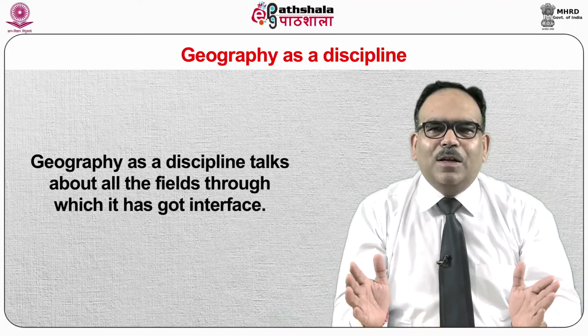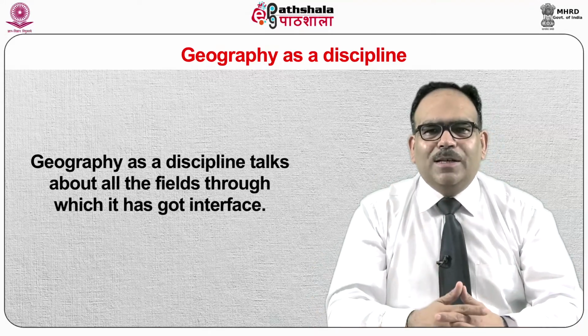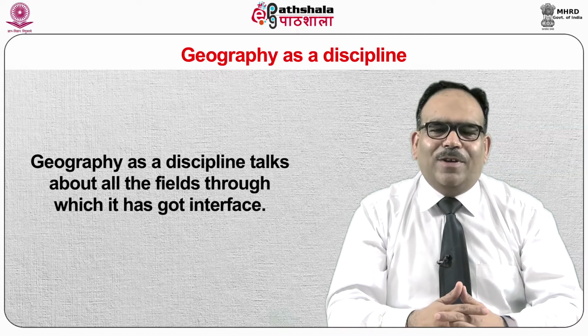Geography as a discipline talks about all the fields through which it has got interface. The examples from natural science like botany, geology, chemistry, astronomy, etc. are linked with geography, while the components of social sciences like anthropology, economics, communication, history, sociology, political science, etc. have nexus with geography.